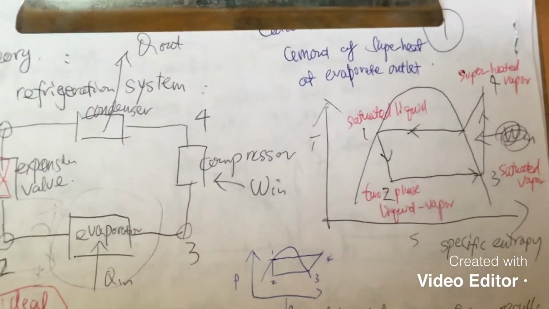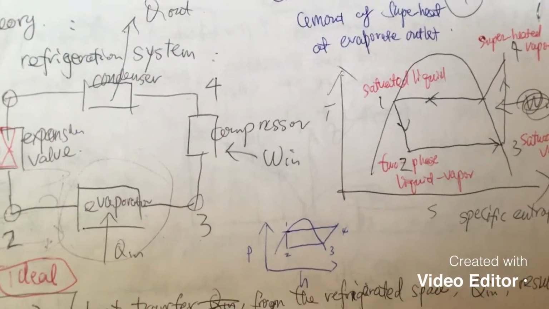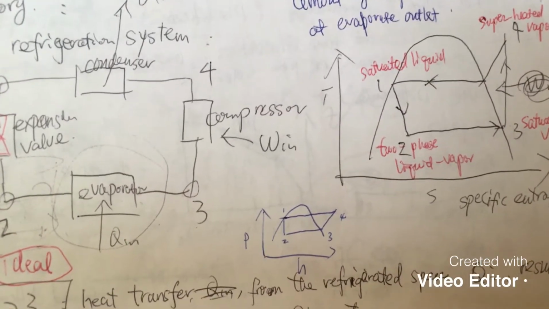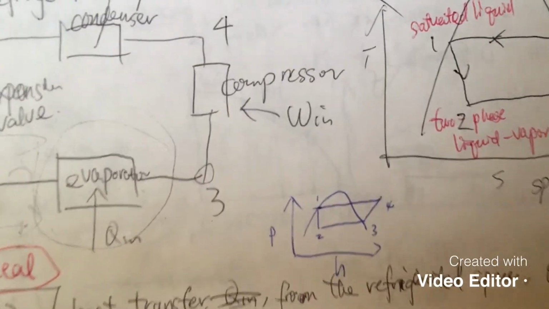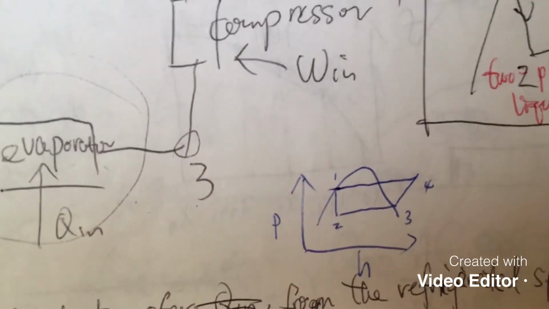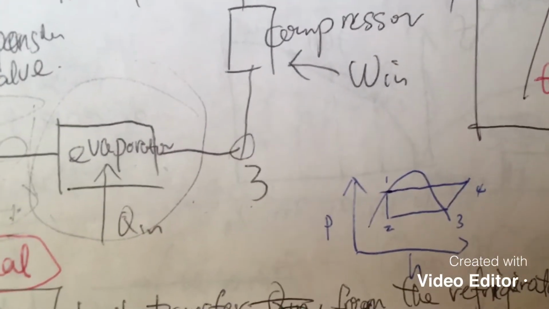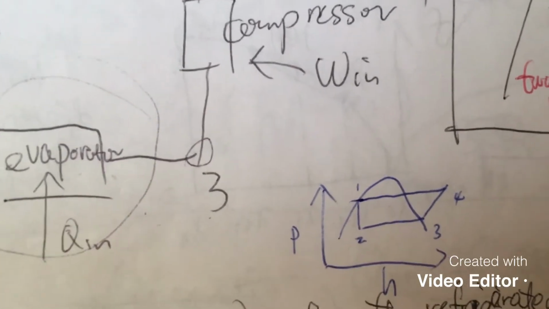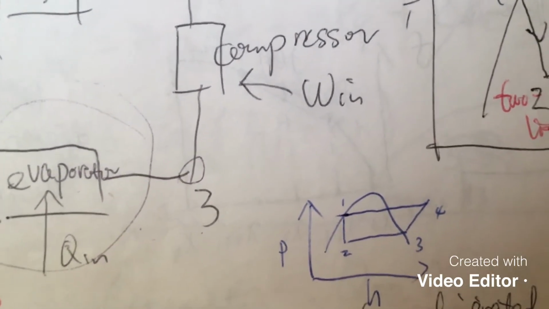So this is the TS diagram we just showed. You also remember we have a pH diagram, right? Pressure, enthalpy. Okay, so the pH diagram should look like this, right? Before and after the evaporator, from 2 to 3, phase change, your pressure doesn't change.